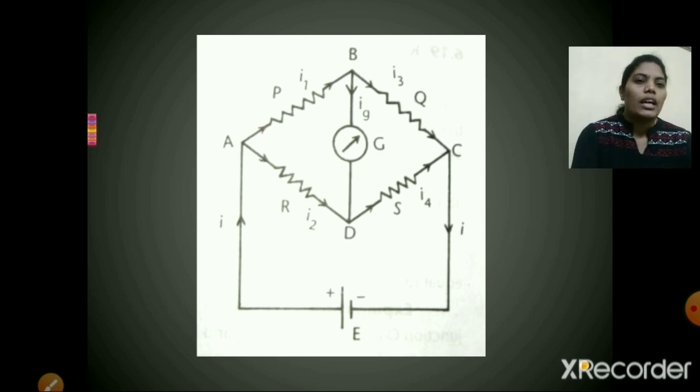I3 and I4, which are passing through the resistors Q and S, meet at junction C and form current I, which again moves towards the EMF.